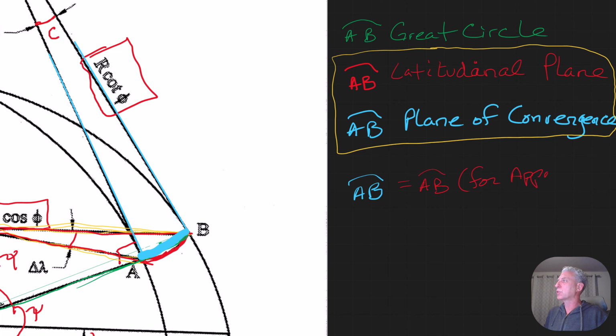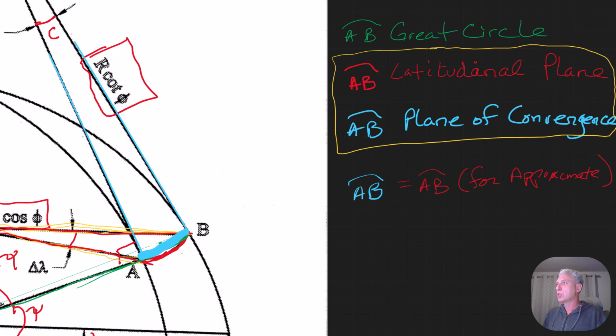It turns out they're so similar in length that we can just neglect the difference. I've actually compared them in Excel for different latitudes and different delta lambdas, and a traverse would have to be so long as to be unrealistic in order to even notice the difference. So we're going to set those two arcs equal to each other.